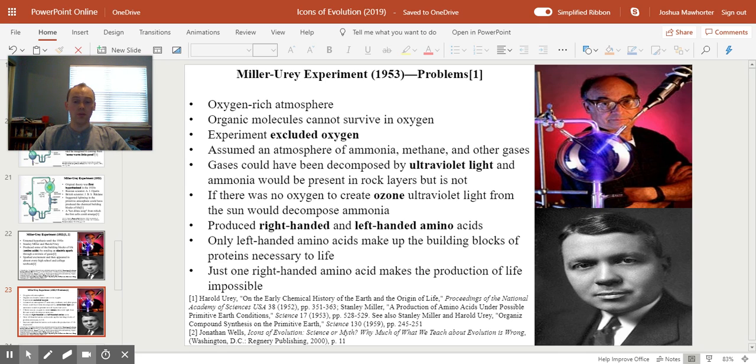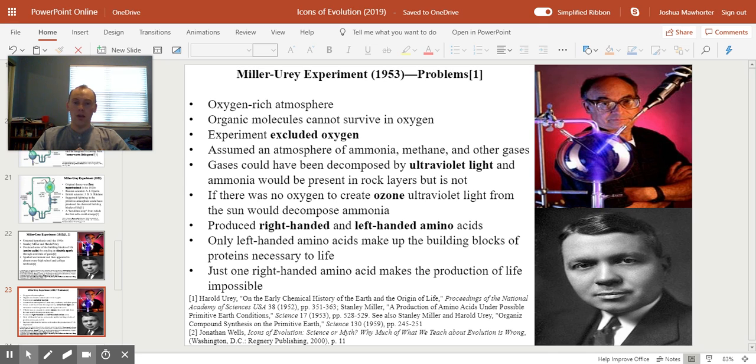The problem is organic molecules, like the building blocks of life, amino acids, and the building blocks of the cells, as counterintuitive as it might sound, and I'm not a scientist, I'm just reading this stuff for myself, they cannot really develop in an oxygen-rich environment because they will oxidize.